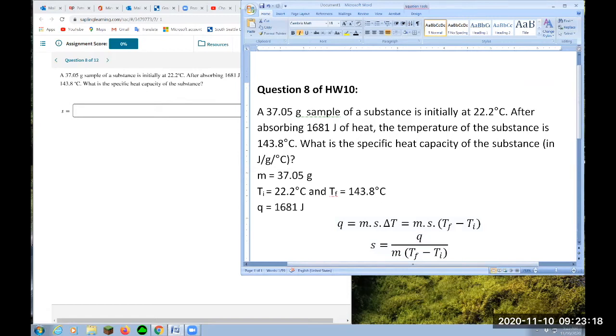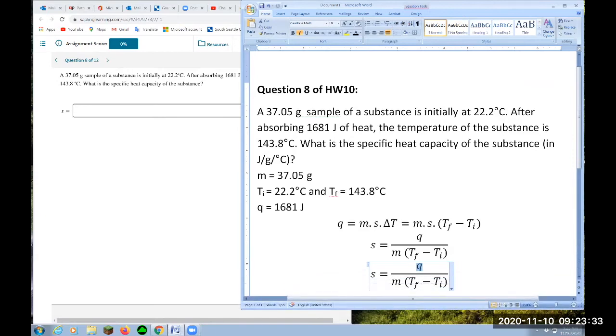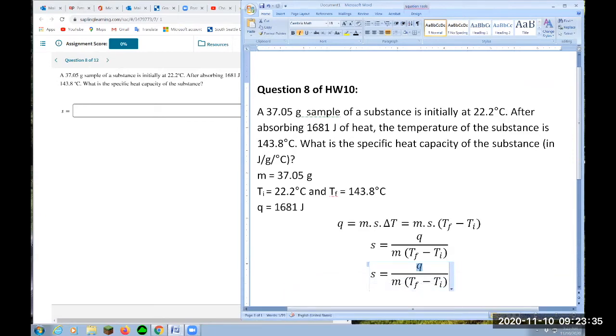So it looks like we have all our values in the correct units: joules for the heat, degrees Celsius for the temperatures, and grams for the mass. So we can plug in the values. So let's do that. Q is 1,681 joules.